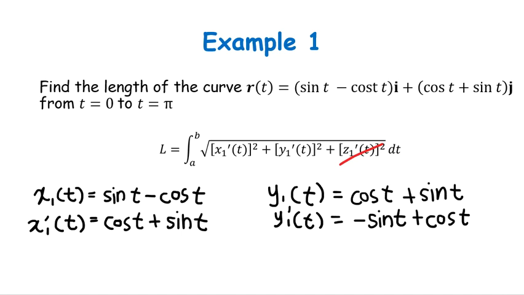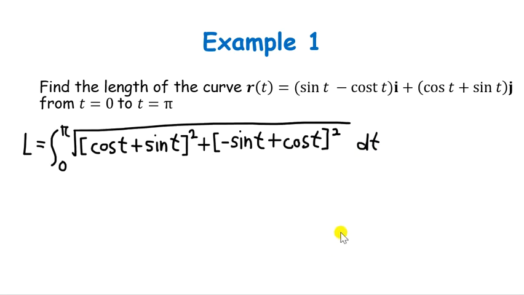We already have all the derivative components to be put inside the square root. So we're going to solve for the length now. As mentioned before, because we have values for both the upper and lower limits of the integration, we're going to use this equation.